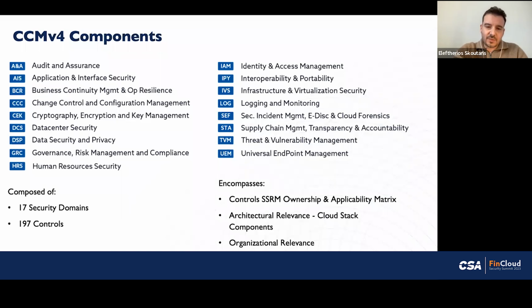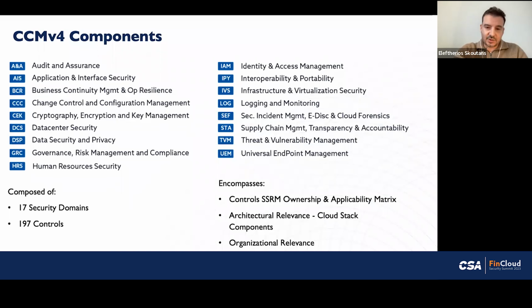In addition to the controls, it provides additional guidance with 3 different components or matrices. As you can see on the right, these are the controls, SSRM, ownership and applicability matrix. Eric will be providing more info on that shortly, later on in the presentation. And we have 2 other columns which link the actual controls implementation to the cloud stack components.